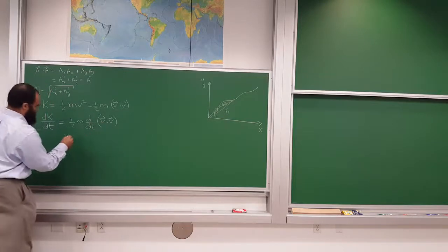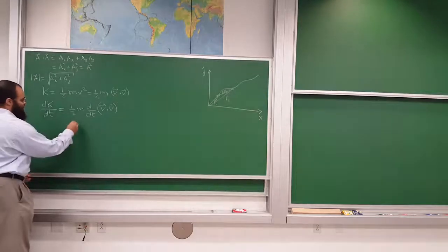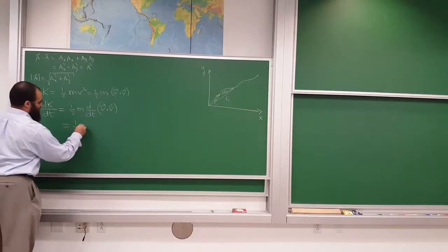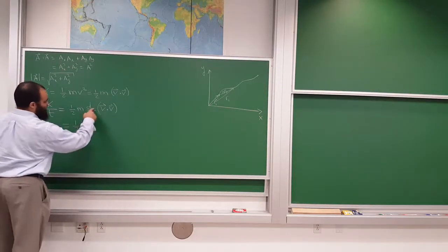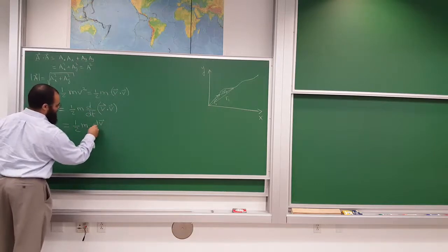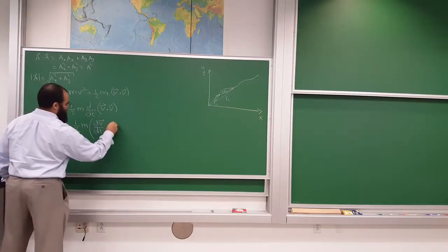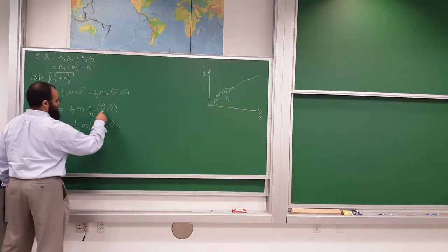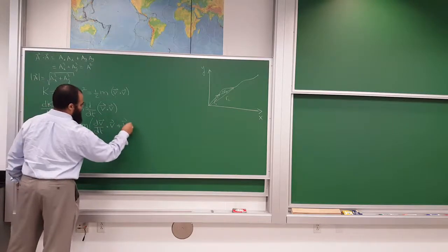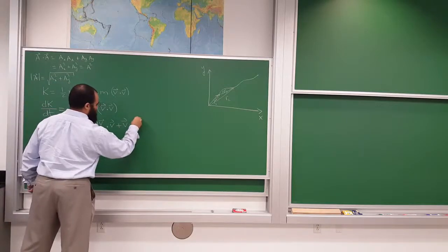So let's see how it works. It will look like this. It will be 1/2 of m, and then the derivative of this first. So it will be dv/dt, don't forget the dot product with v, and then plus this one, v dotted with the derivative of this one. So it's dv/dt.